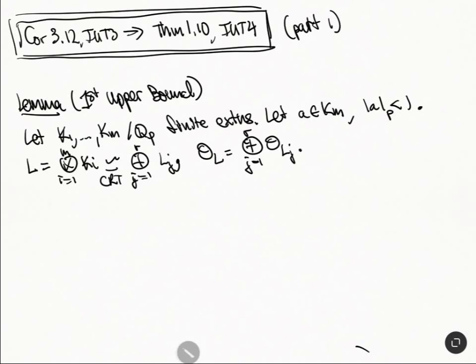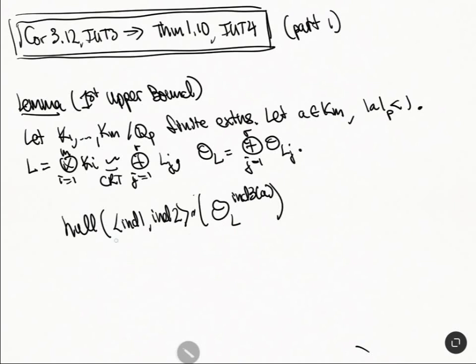The statement is about the so-called holomorphic hull, which is the smallest polydisk containing the region I'm going to write down, applied to OL and then ind 3 of A. This is the third indeterminacy, what the multiradial region looks like.